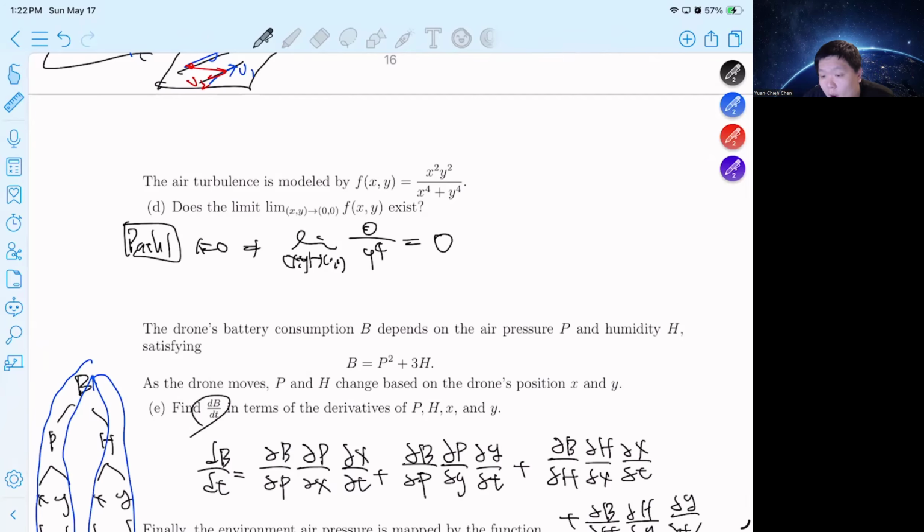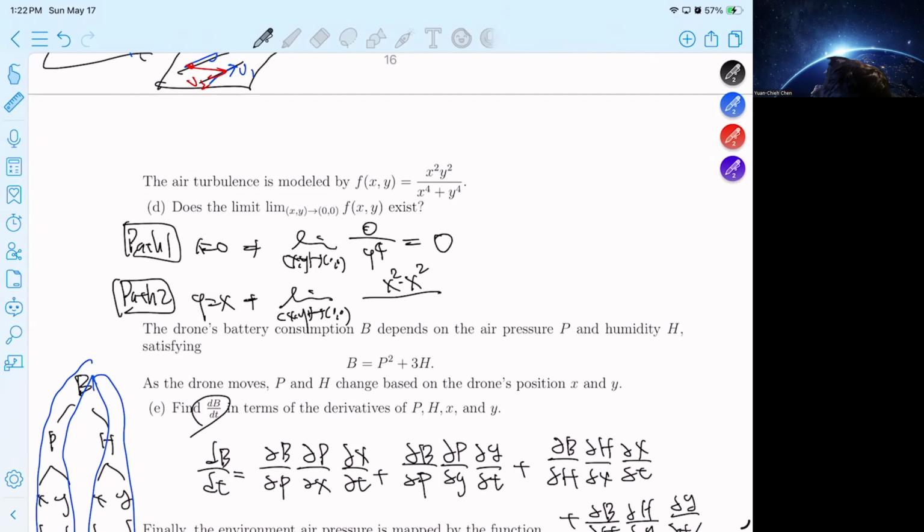Okay, but what about we use a different path? Path 2: y equals x. This is our famous trick. So in this case, the limit as (x,y) goes to (0,0) of x squared times y squared, which is now also x squared, over x to the power 4 plus x to the power 4.